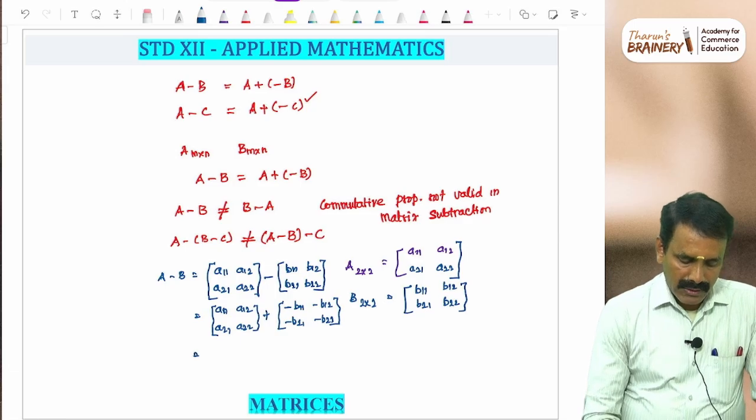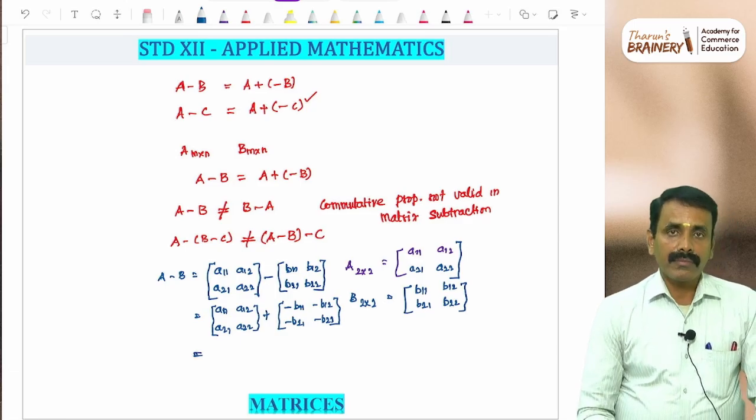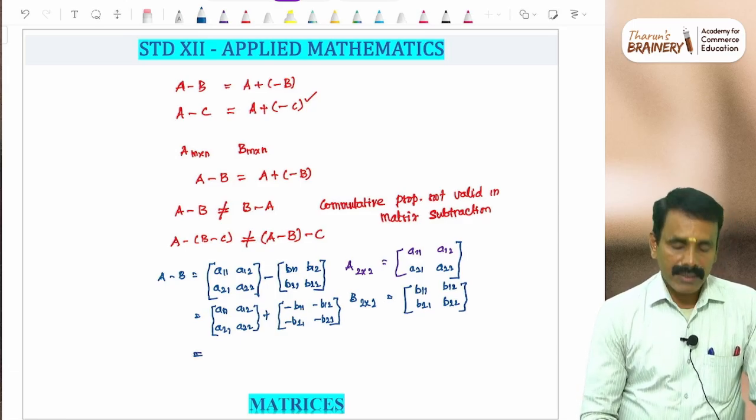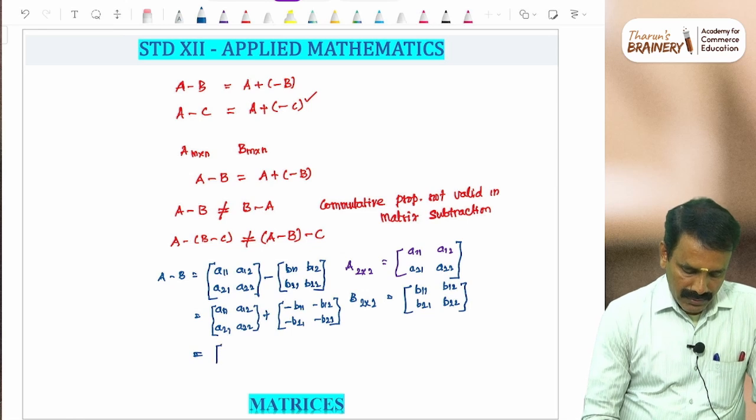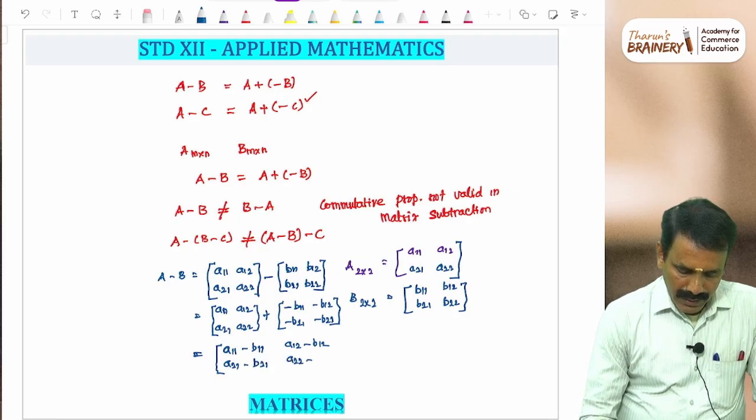So now that subtraction is converted to addition. Now to add these two matrices, you have to add the corresponding elements, that is A11 minus B11, A12 minus B12, A21 minus B21 and A22 minus B22.